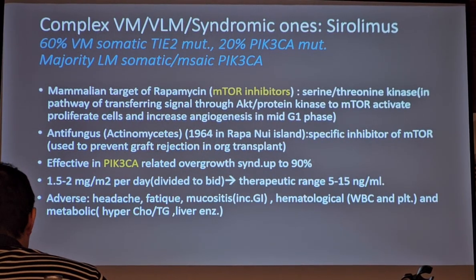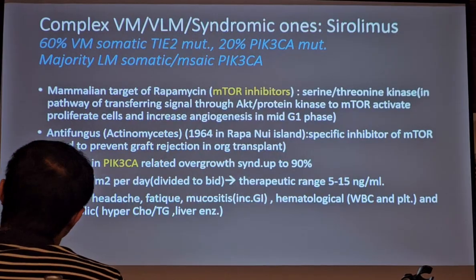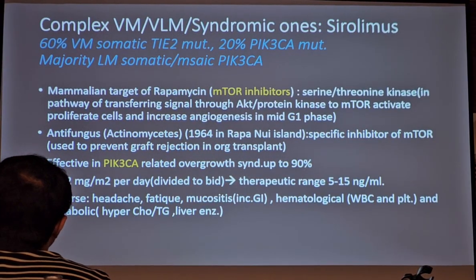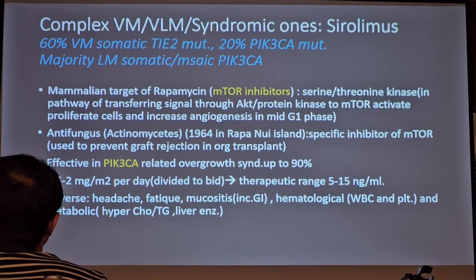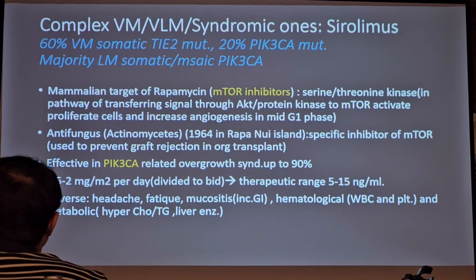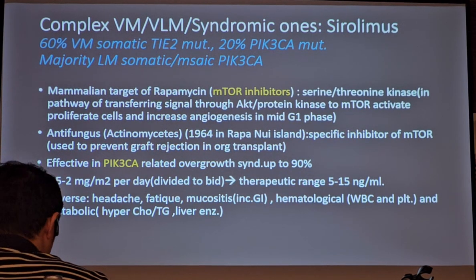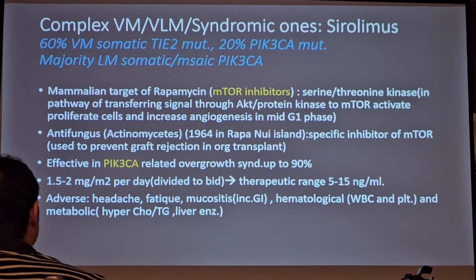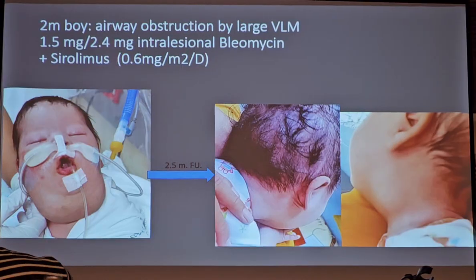But right now, you are dosing approximately 1.5 to 2 milligrams per square meter per day. So it is going to come out with this kind of milligrams. There are very few reports of bad side effects of sirolimus.